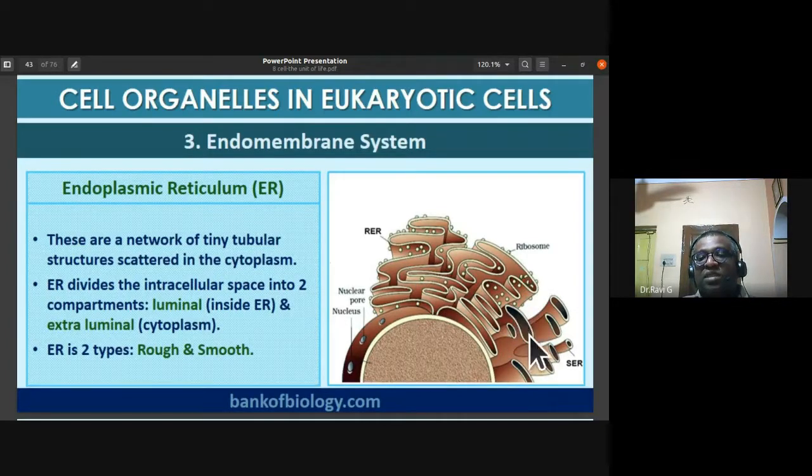The extraluminal space is the intracellular space outside the endoplasmic reticulum, that is, in the cytoplasm. We call this the extraluminal compartment or space.